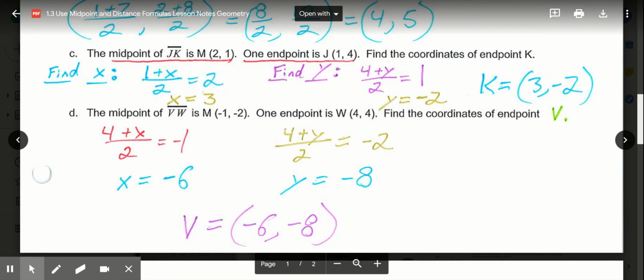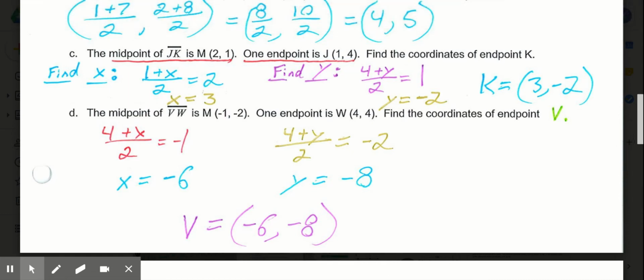And for D, it asks the same process to find an endpoint. So they give us the info. Midpoint of segment VW is at the point of M, which is coordinates -1, -2. The endpoint W has coordinates of 4, 4.